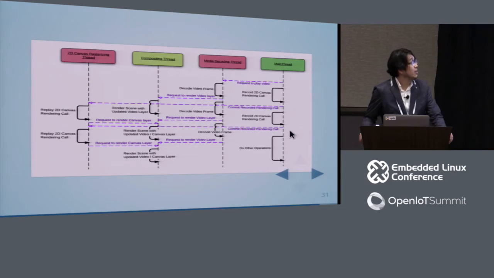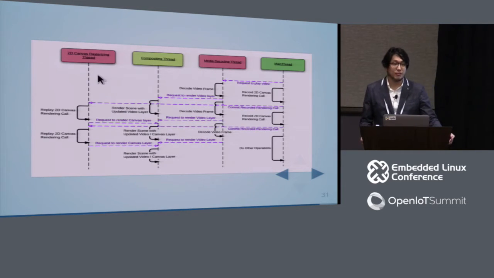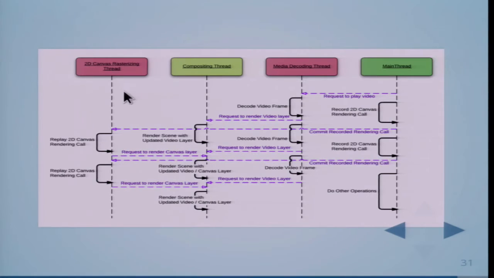This is a more complicated scenario with 2D canvas rasterization. If there is an accelerated 2D canvas, in that case we can execute a separate thread for the 2D canvas rendering. So it will be a more complicated scenario. But even in this graph, we implemented the framework to use message passing.